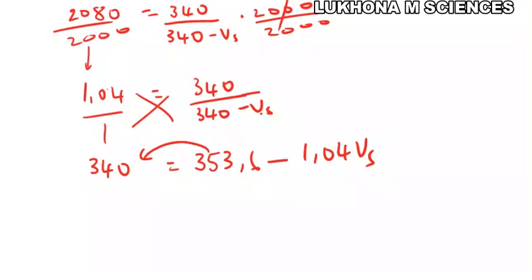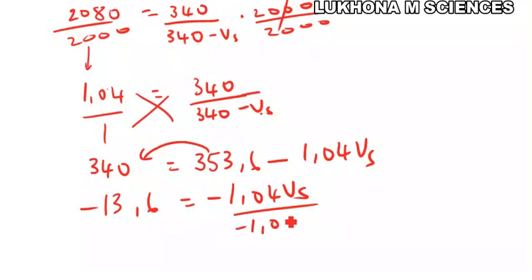So we have 13,6 equal to negative 1,04 Vs. Then we divide both sides by minus 1,04.